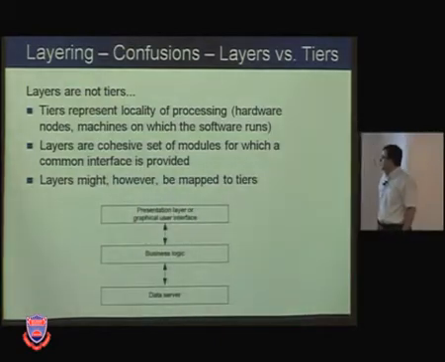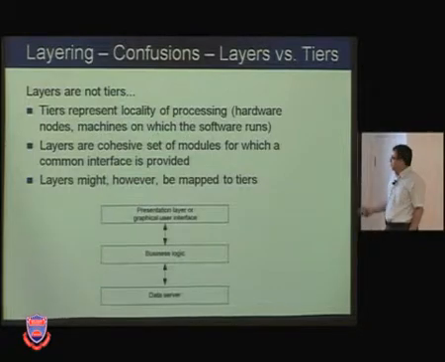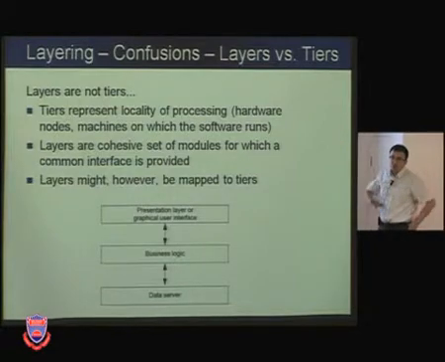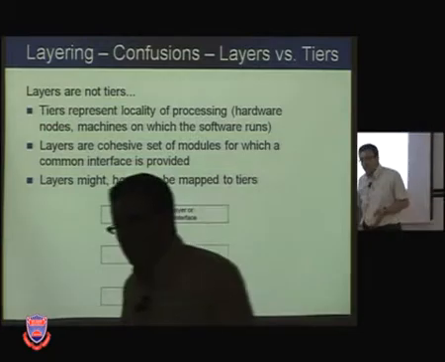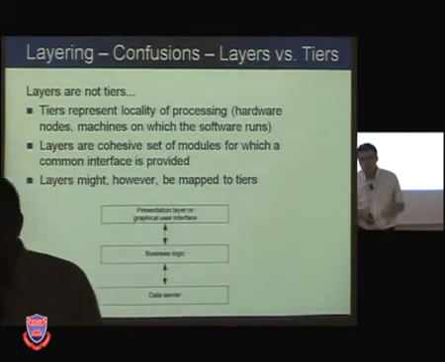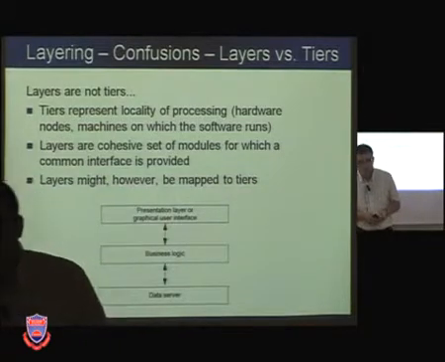Layers might, however, be mapped to tiers. You could have presentation layer, business logic, data server. You could map this to 3 different machines, but could also on one machine. If you map to 3 different machines, you have 3 tiers. One machine, one tier.